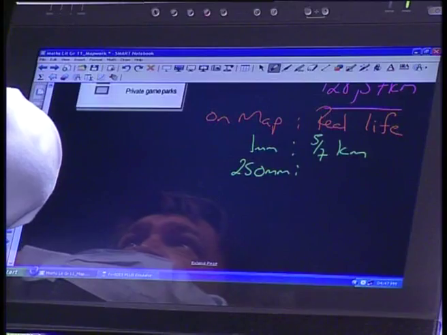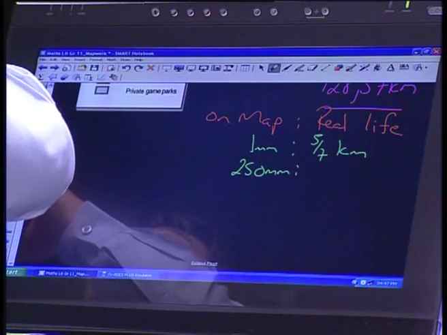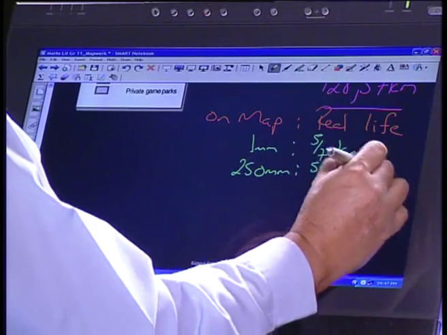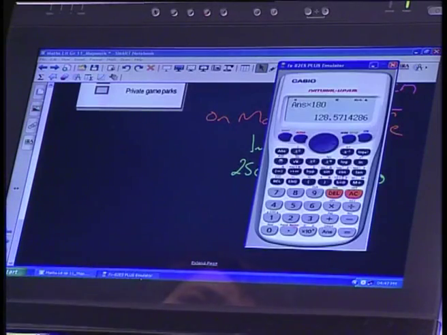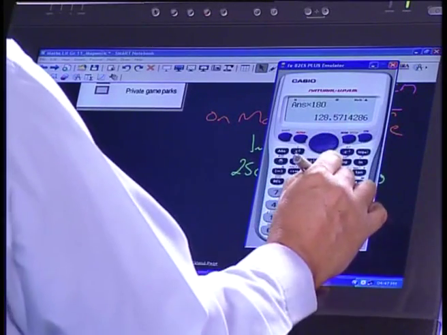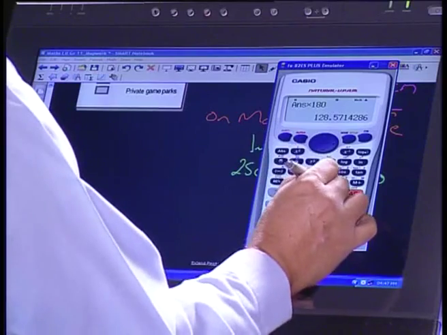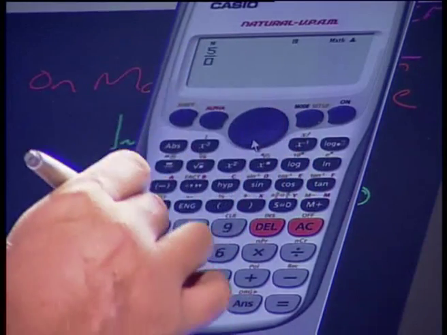I multiplied by 250. What am I going to do to that 5/7? I'm going to multiply it by 250. So we've got 5/7 multiplied by 250. Again, I'm going to take out this calculator and I'm going to say, right, let's clear the calculator, we have 5/7.